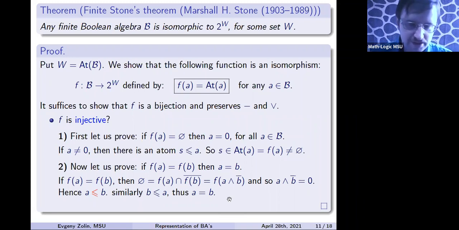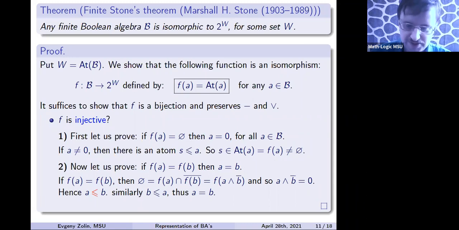Of course, injectivity, and preservation of complement, union and intersection hold for the arbitrary case where B is any Boolean algebra. The proof will be different, of course. The construction will be slightly different, but this will hold even in the general case.